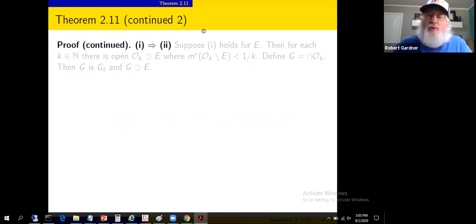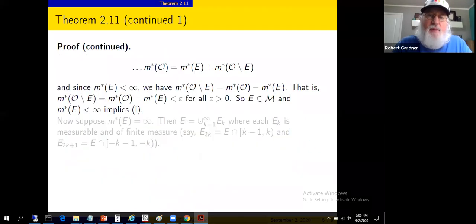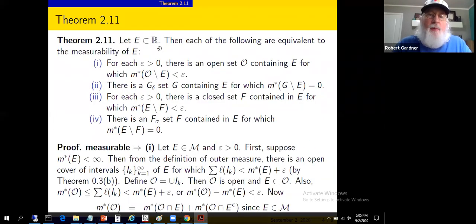Probably worth our time to look back at property 1 and property 2. Property 1 dealt with covering E with an open set. Property 2 dealt with covering E with a G delta set. Excuse me, let me run back to the statement. Property 1 said for all epsilon greater than 0, we can find an open set satisfying this condition we just established.